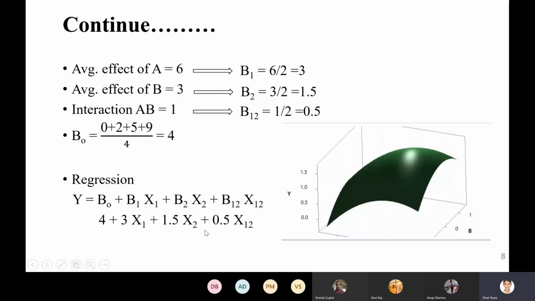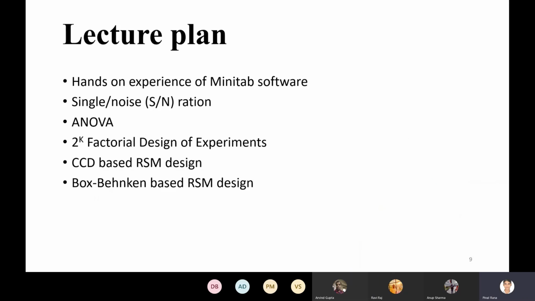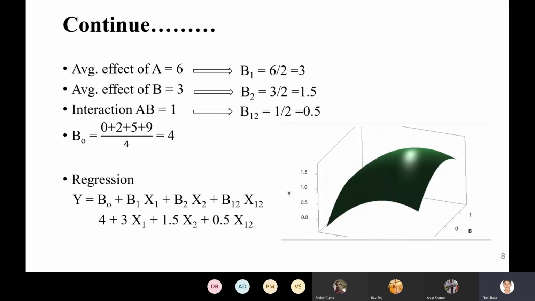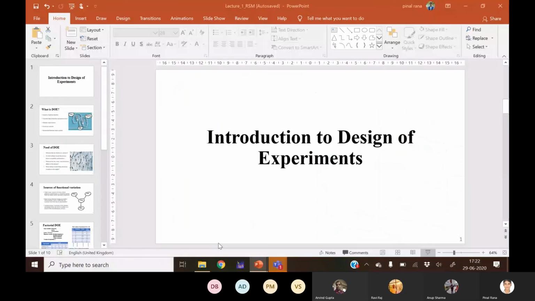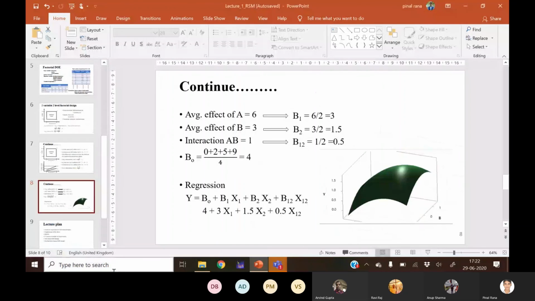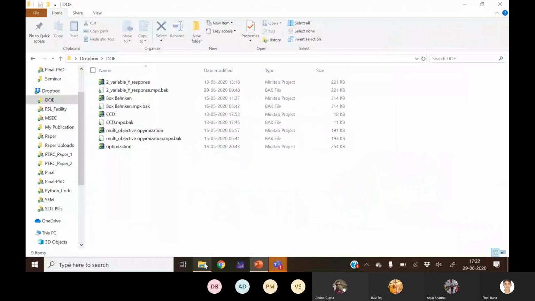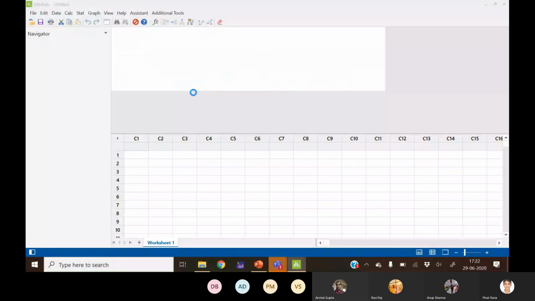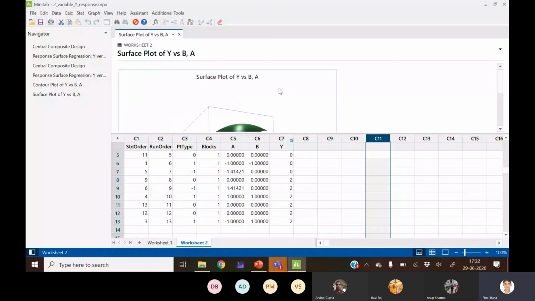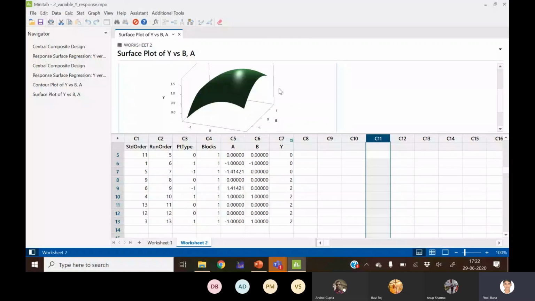This equation we can plot in Minitab. If we plot that data in Minitab, we can observe this kind of graph.